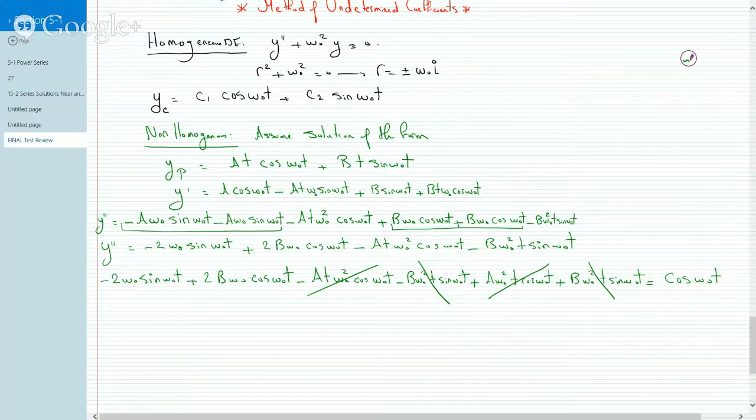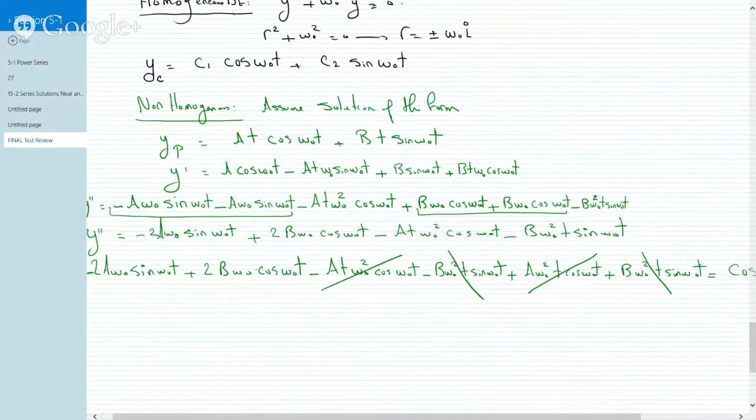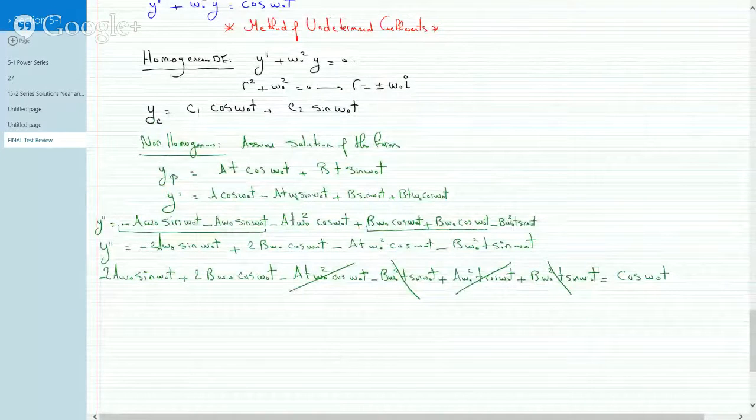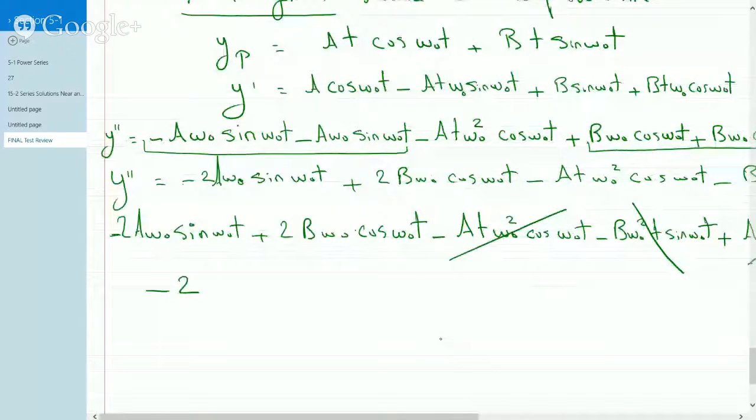There's an a here, negative 2a. Let me insert an a here. Negative 2a. So there's no sine on the other side. So negative 2a has to equal 0 because there's no sine on the right hand side. That makes a equal 0.